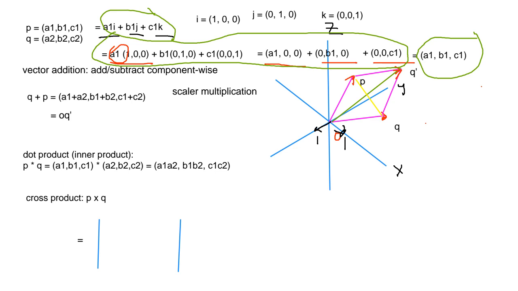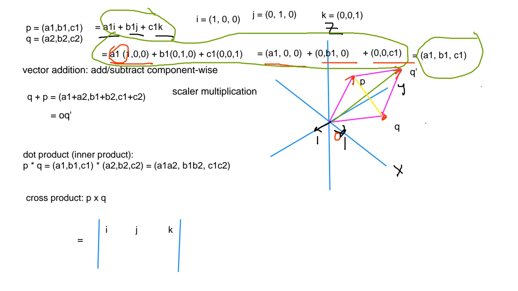Then we put i, j, k in place: first row, first column i, second column j, third column k. Then we have the component values for P and for Q. Because it's P cross Q, we put the components of P first, under i, under j, under k.